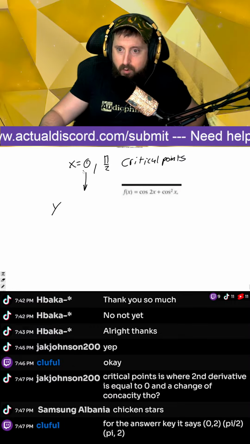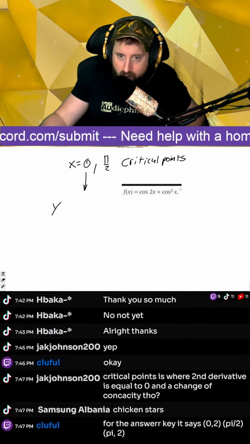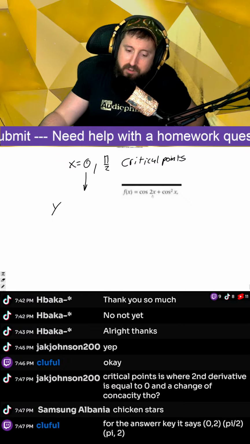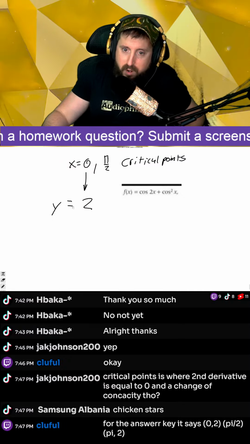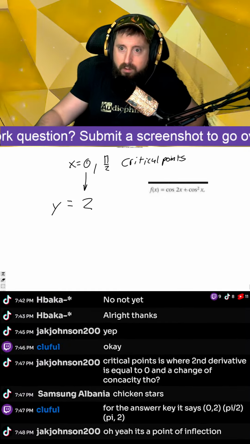If you plug 0 in, you get cosine of 0, which is 1, plus cosine of 0, which is 1. So that corresponds to a y coordinate of 2.